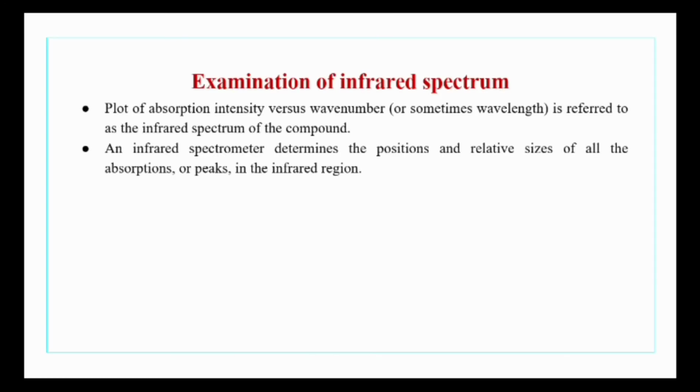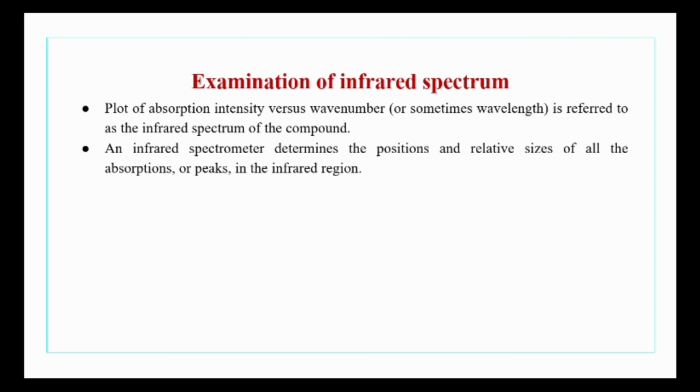Okay, now we have discussed instrumentation, then sample preparation, and what a correlation chart is. The correlation chart helps us to interpret the IR spectrum. Now, examination of the IR spectrum. What is an IR spectrum? It is the information we get from the instrument in readable form.